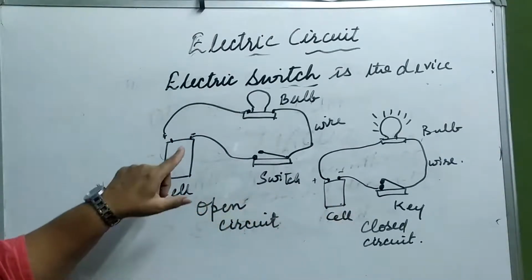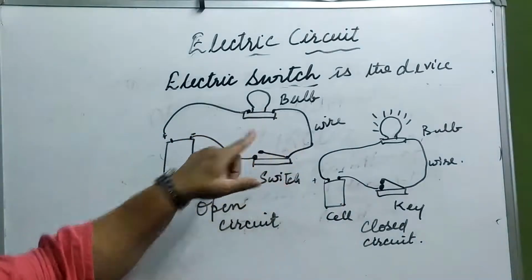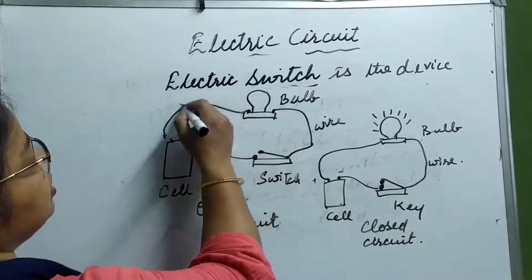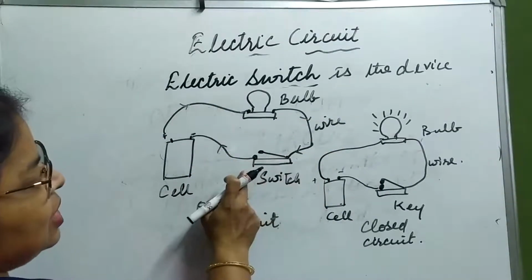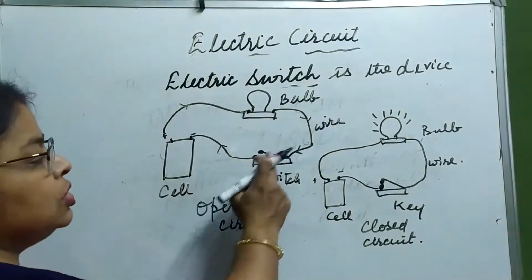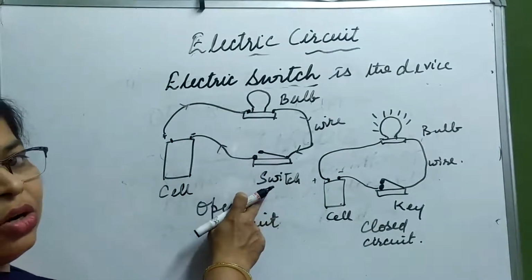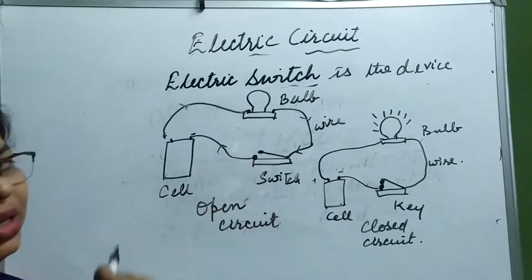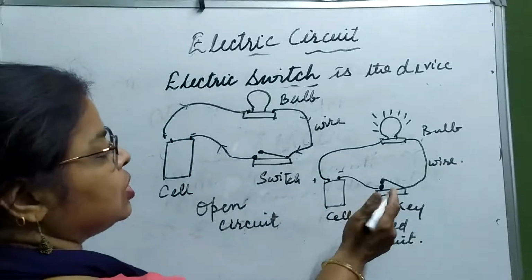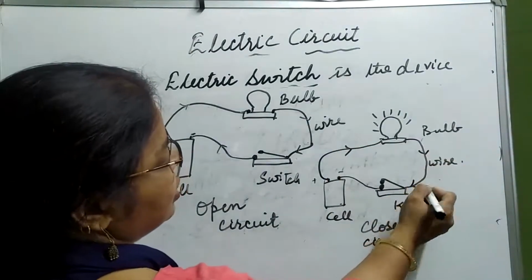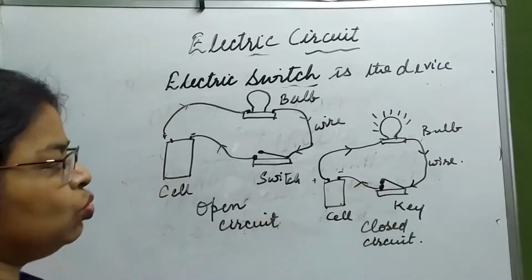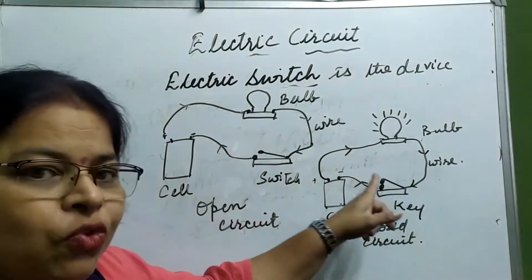It is actually the path from where the current is flowing, from the positive terminal. These arrows show that, but in this case the current is not flowing. Why? Because they are not in contact. It is an open key, and this is a closed key, so the current is flowing through it from positive to negative.